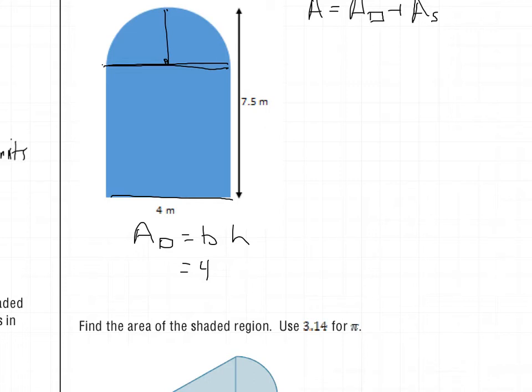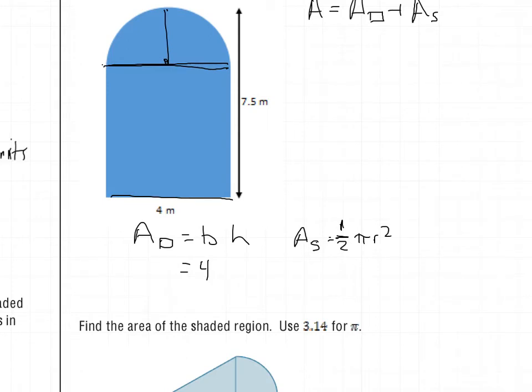I'm going to move on for a second to look at the semicircle. The area of the semicircle is going to be equal to half of pi times radius squared because it's half of a circle. I think the biggest mistake here is that people tend to forget that this is half of a circle, so they don't put the half times the pi r squared.